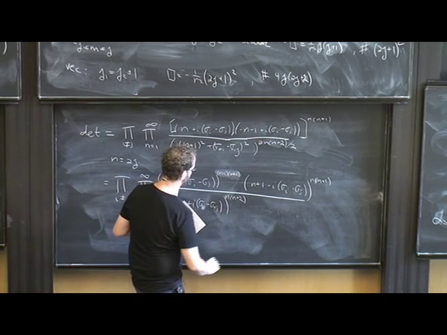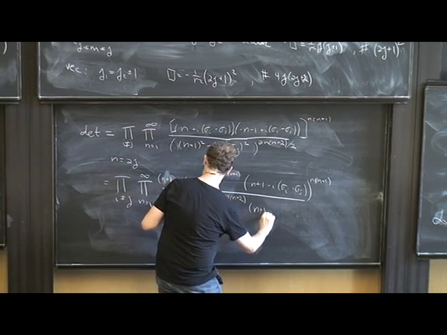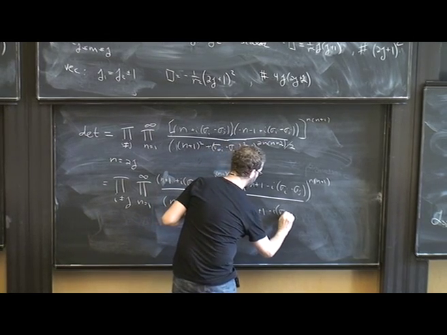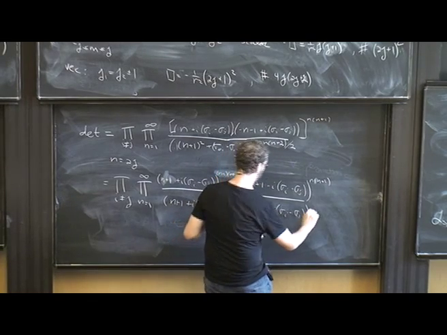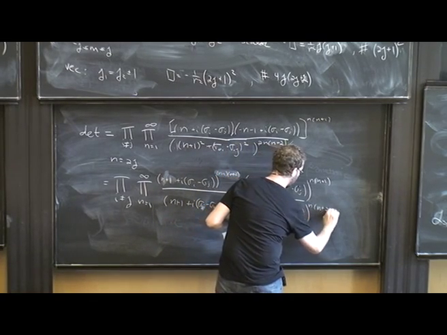This is n times n plus 2, and this is n plus 1 minus i sigma i minus sigma j times n plus 2.